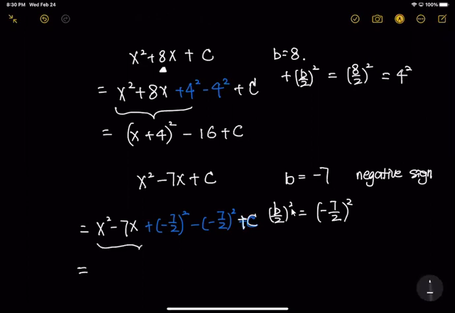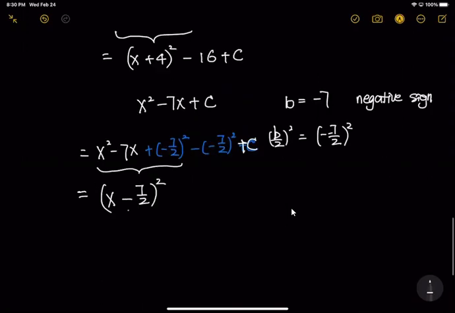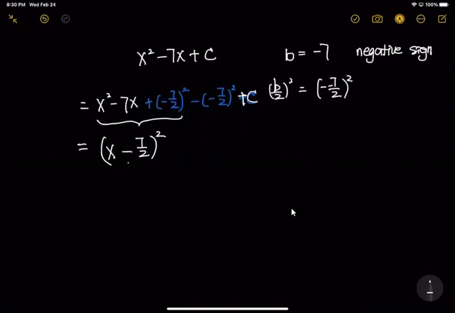Okay, the first 3 terms are equal to x minus 7 over 2 squared, because our b over 2 is -7 over 2, so our perfect square should be x subtract 7 over 2, and then minus, okay. You know why I always like fractions, because fractions are easier to calculate.